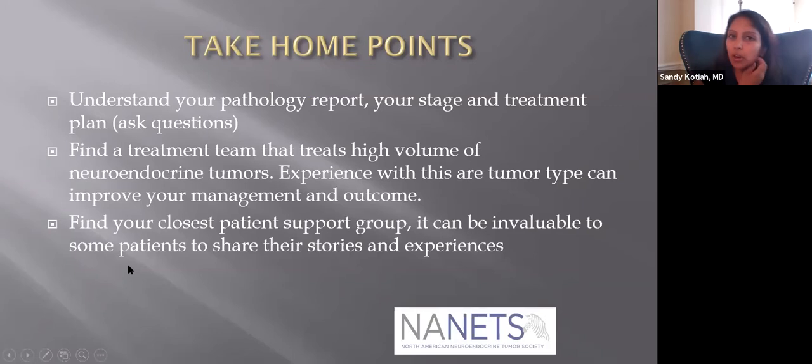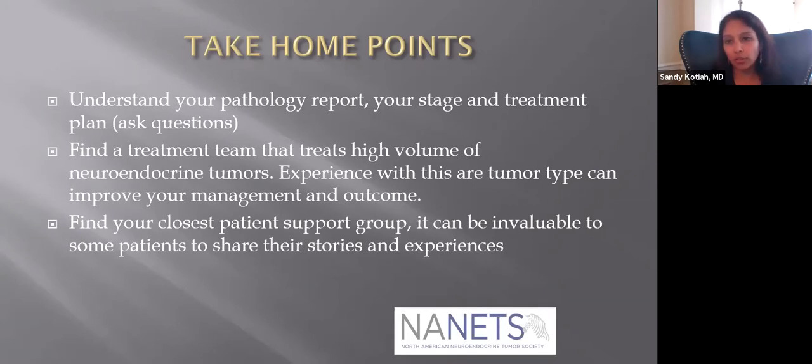So, just some take-home points. Generally, I would like my patients to understand where their tumor is, their stage, their treatment plan, their pathology report. Sometimes it can be overwhelming, which is why it's important to have family and to ask questions. Finding a treatment team that treats a high volume of neuroendocrine tumors is probably in your best interest because there's not a lot of experience with neuroendocrine tumors in the community if somebody's not seeing a lot of it.